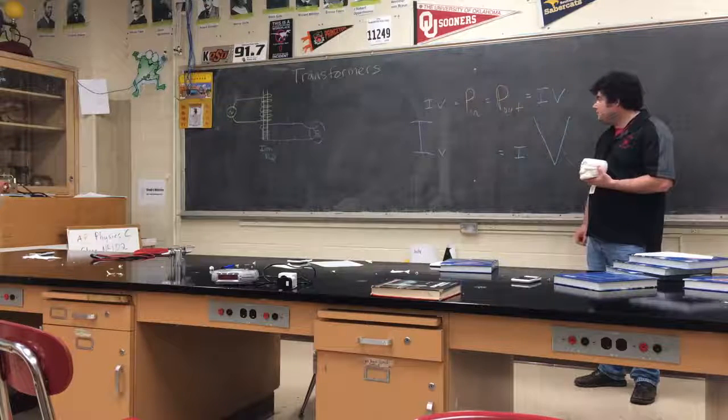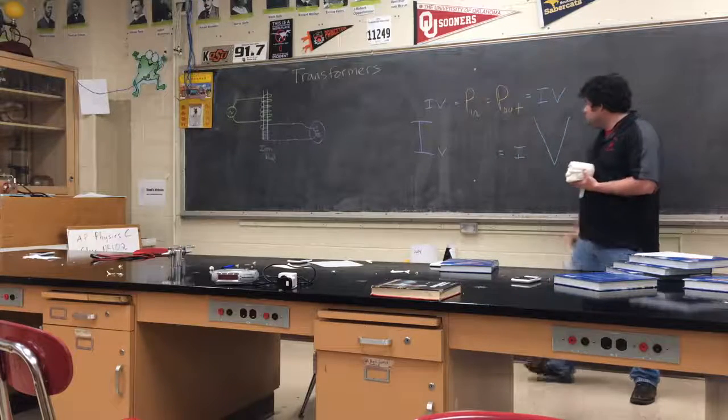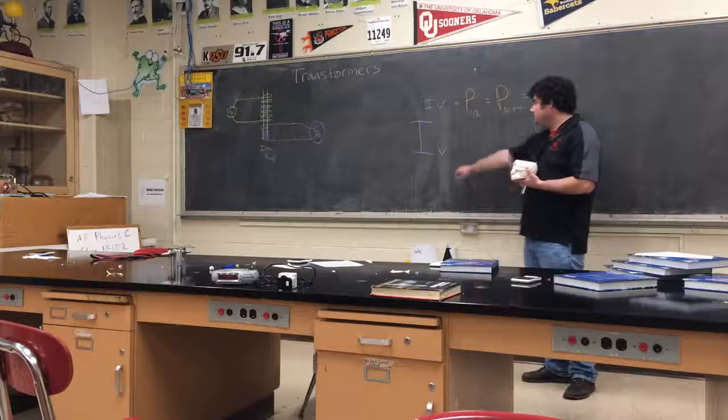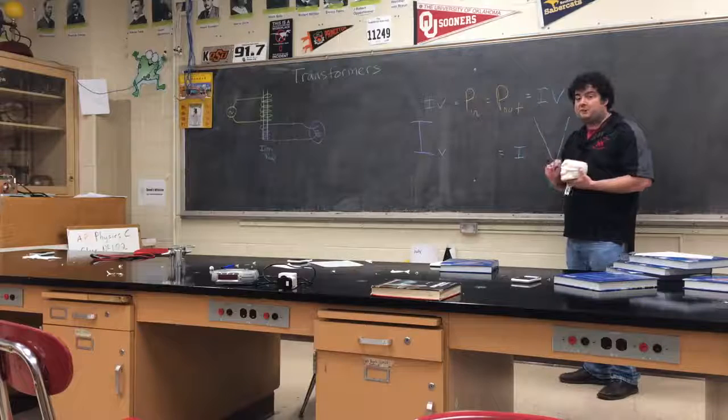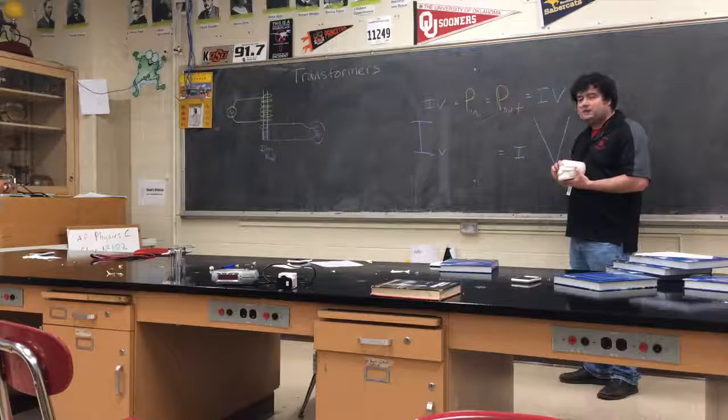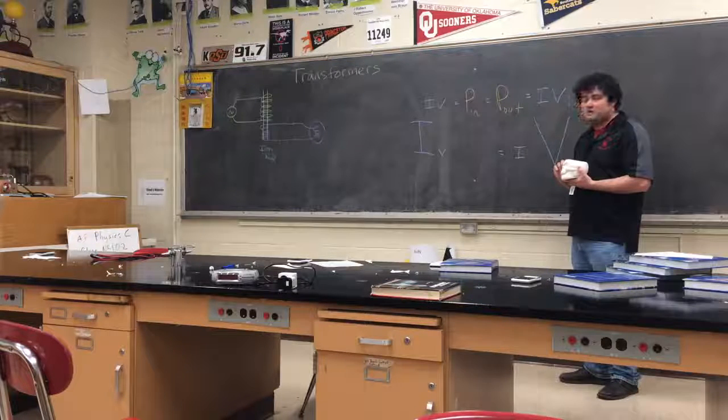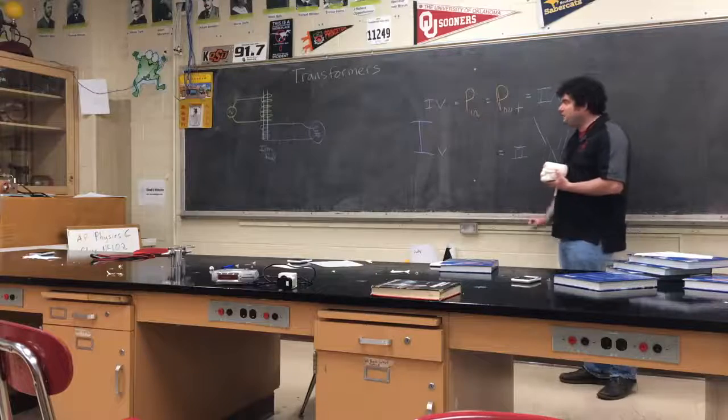So that's what a transformer does. It essentially allows us to switch between a small voltage with a large current and a large voltage with a small current. It does this by putting coils of wire with different numbers of turns on each side of the transformer.